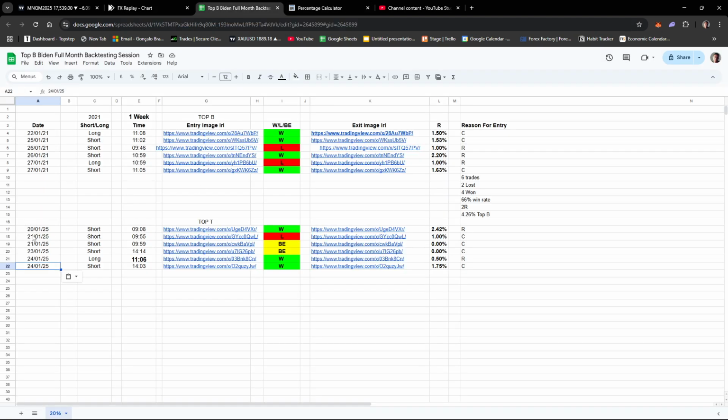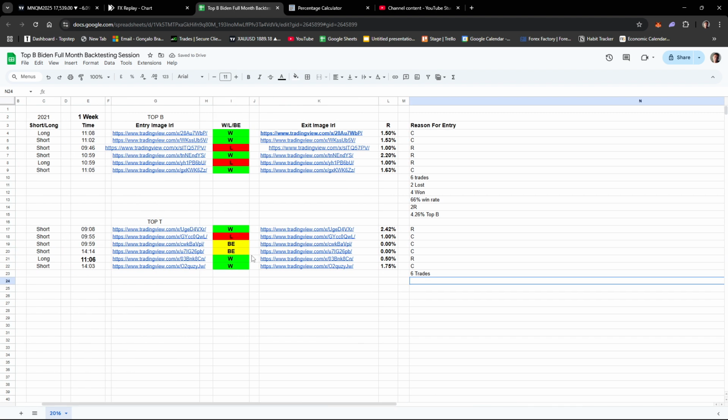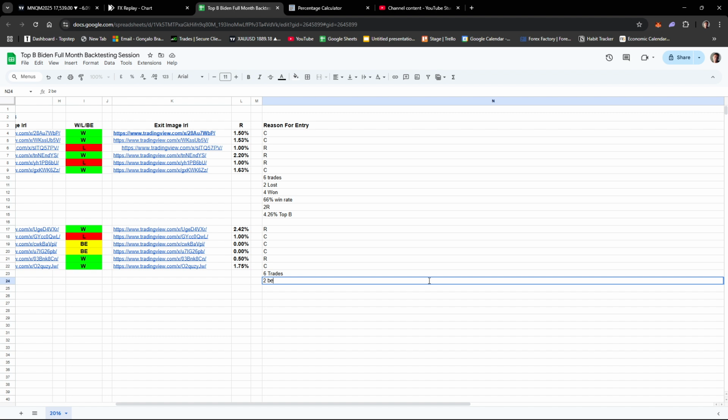That is Trump's first week in his presidency office. The win rate was higher, so we took 6 trades. I did miss one as well, which would have boosted our win rate even higher. So we took 3 positions, or 6 trades, sorry. 2 broke even, 1 lost.